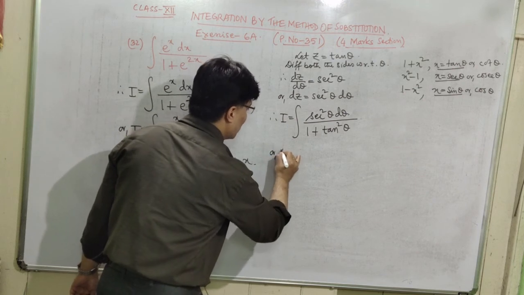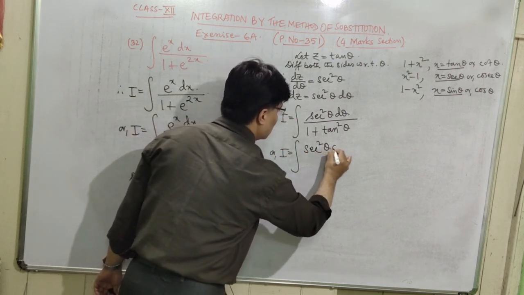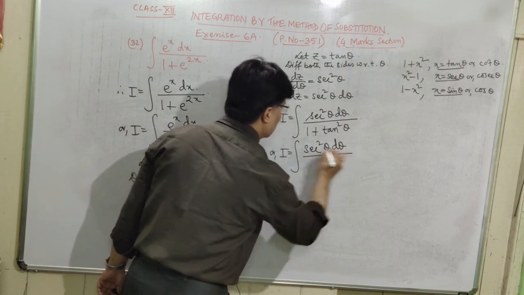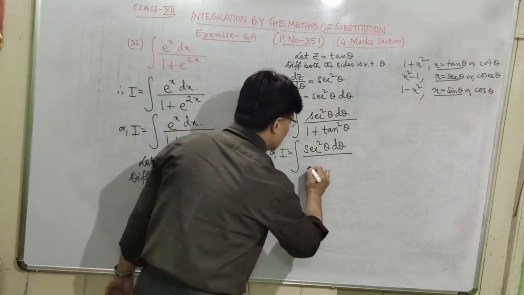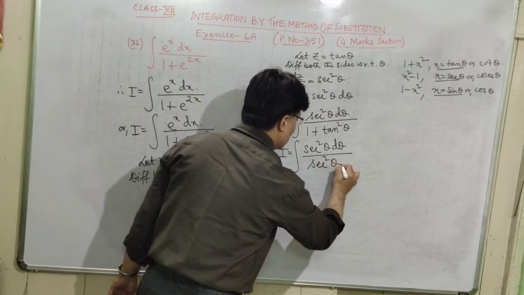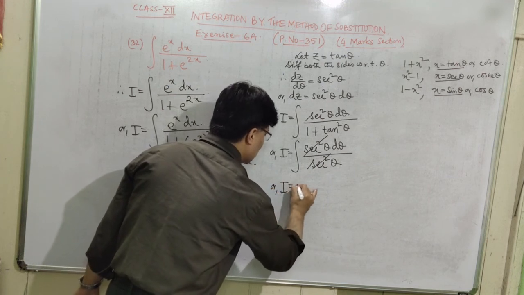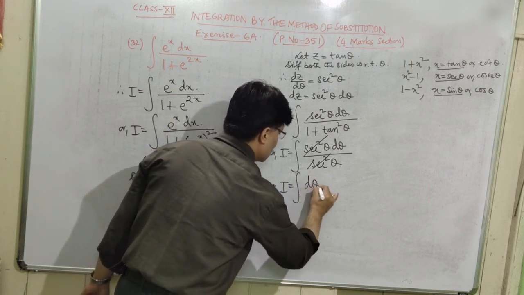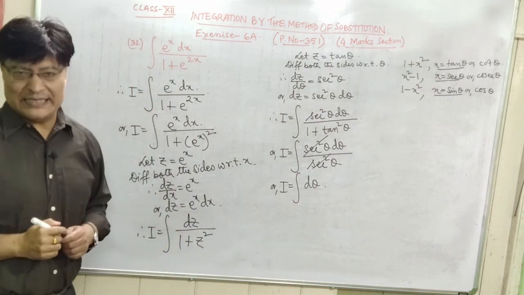So let us use the formula from trigonometry. What is 1 plus tan square theta? This is your sec square theta. So here you can cancel this sec square theta, and I is equal to integral sine d theta.